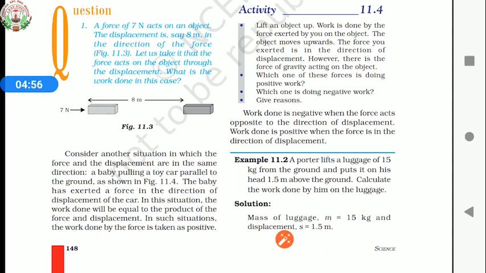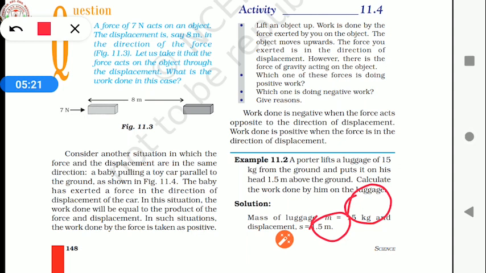Calculate the work done by him on the luggage. Here in this question, mass of the luggage is given as 15 kilogram and the displacement S is equal to 1.5 meter.